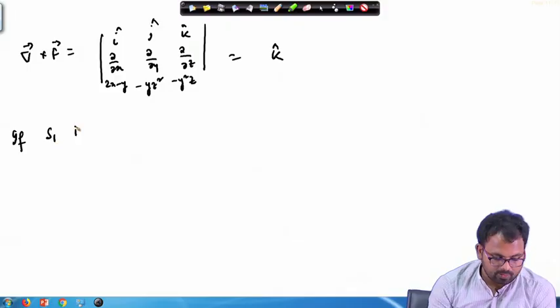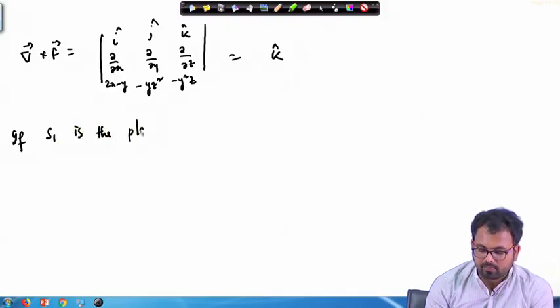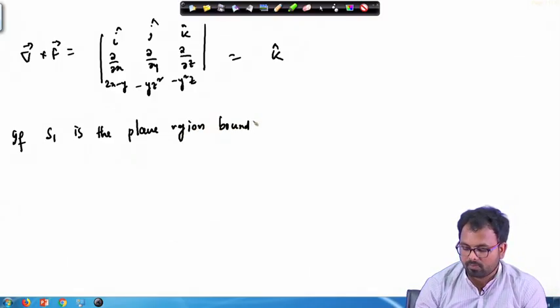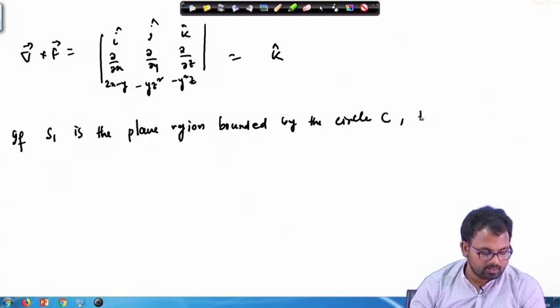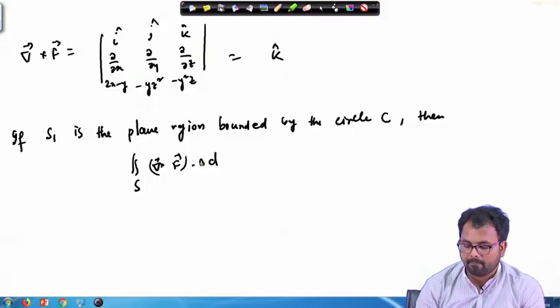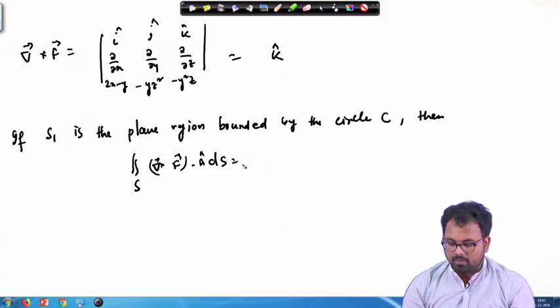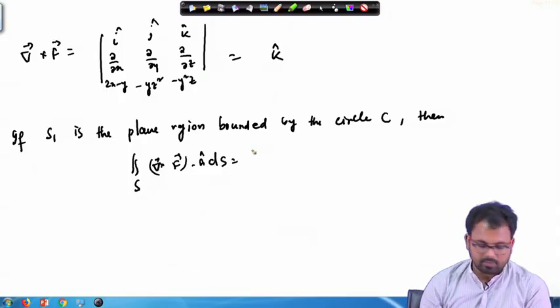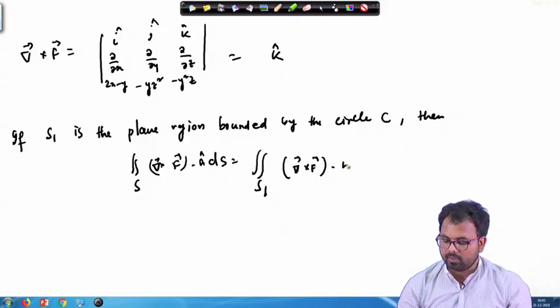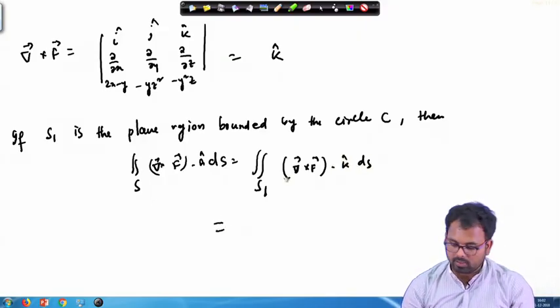Therefore, we can write, if S1 is the plane region bounded by the circle C, then basically we have the surface integral over S1 of curl of f dot n, where n is k, and now this thing is also k.